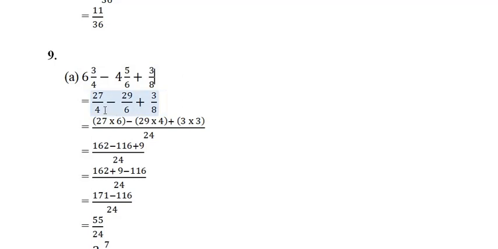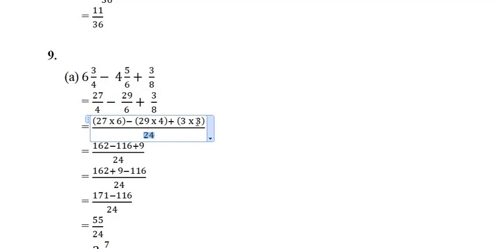Now the LCM of 4, 6 and 8 will be 24. Now 4, how many times to get 24? 6 times, so you multiply 27 into 6. Now 6, how many times to get 24? 4 times. Now 29 into 4. Similarly 8, how many times to get 24? 3 times.